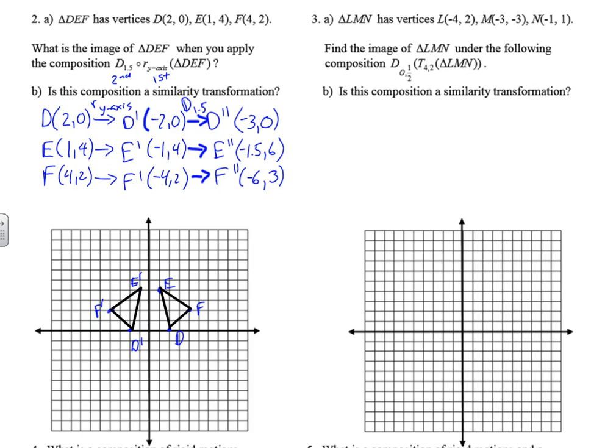All right, we don't have to graph it in this one, but we do want to answer this question: is this a similarity transformation?